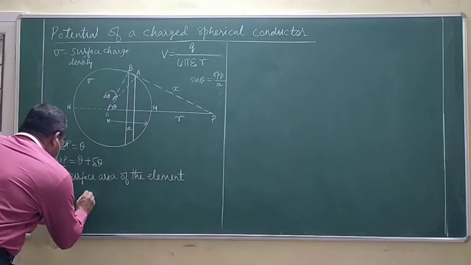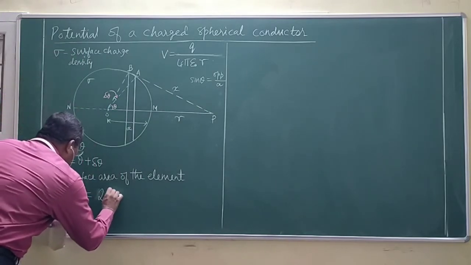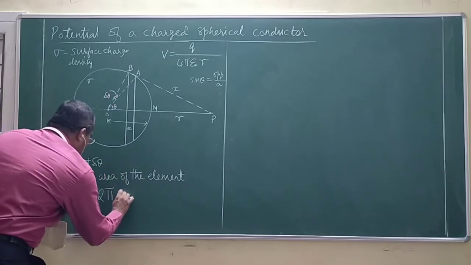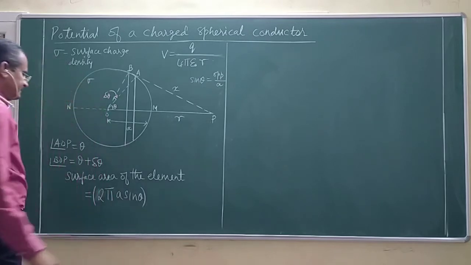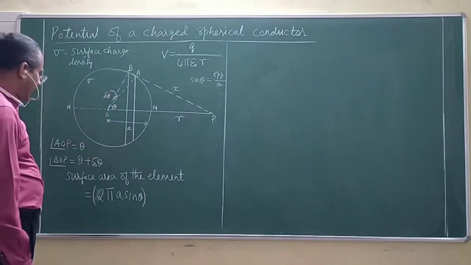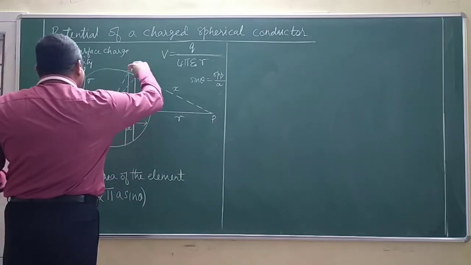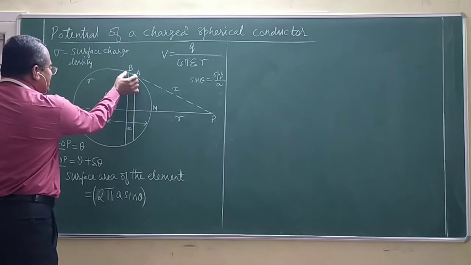Therefore, I will write my surface area as 2 pi A sin theta. This will give me the circumference of the element, into its thickness. This width I want.